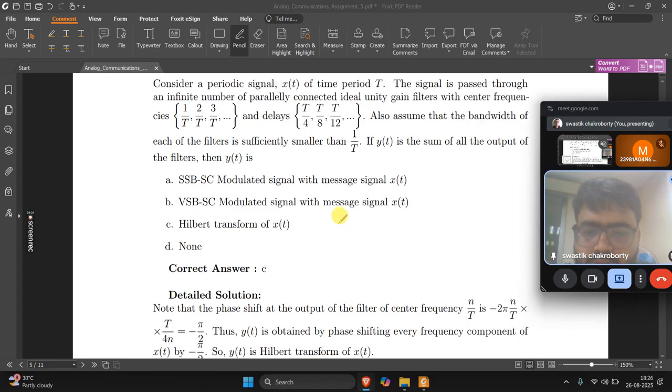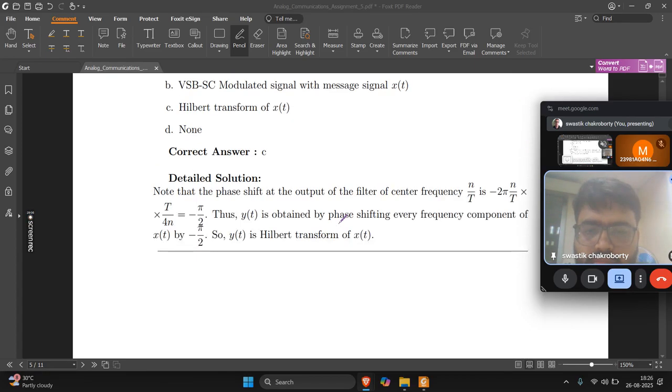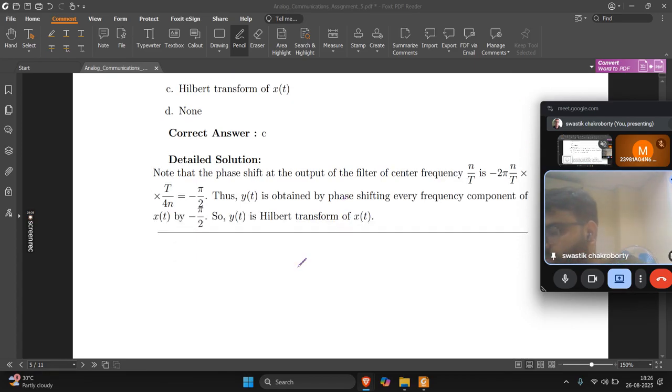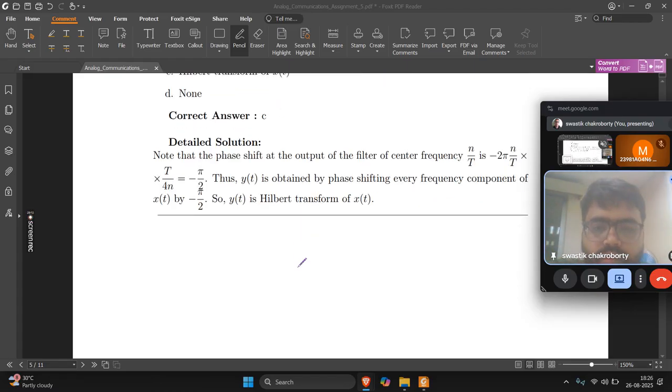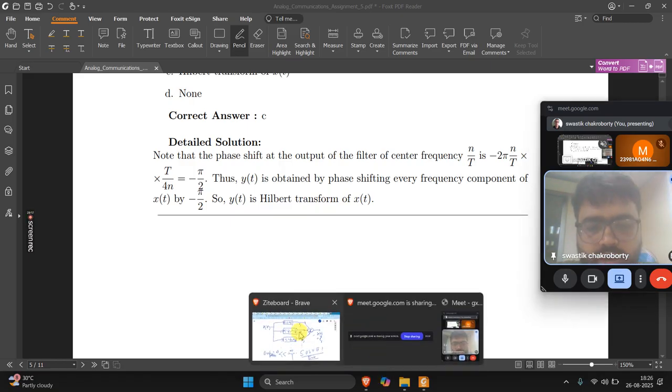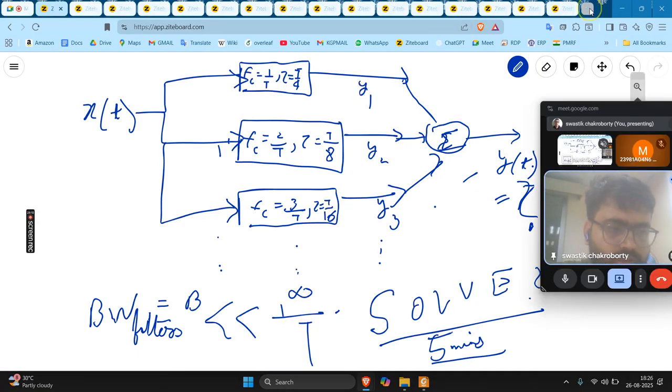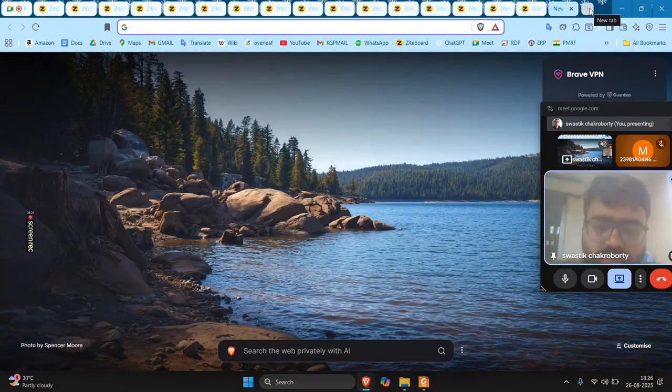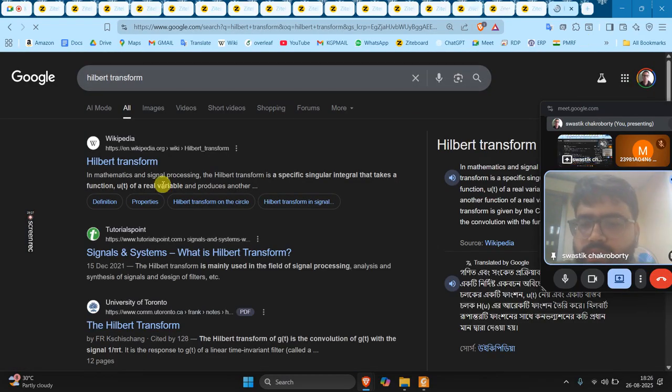Before we solve this, we need to read something called the Hilbert transform. For your convenience, I'm opening a book so that you can follow along.